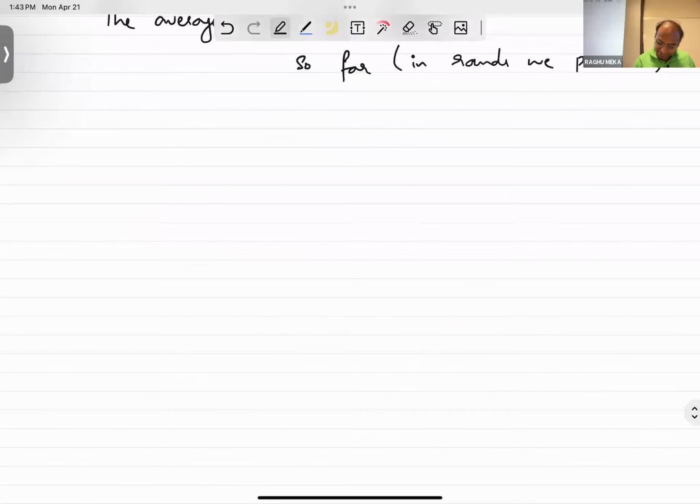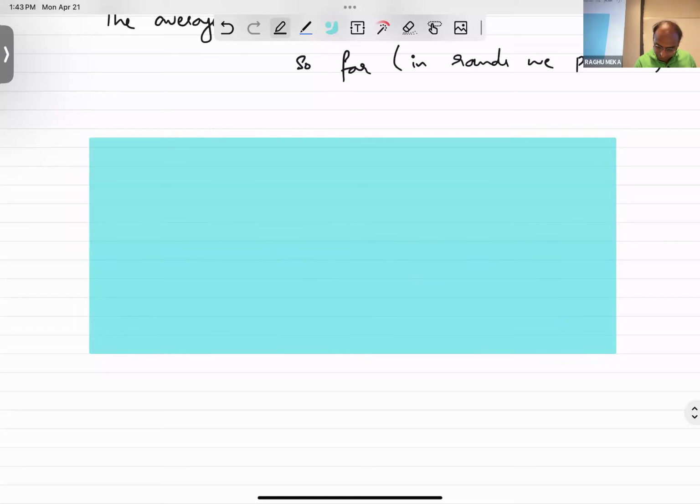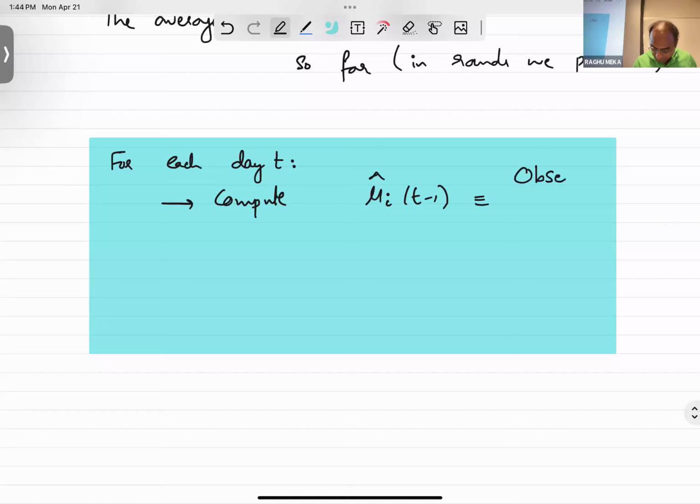Okay. But the template of the algorithm is the following. So you compute the empirical average, right?